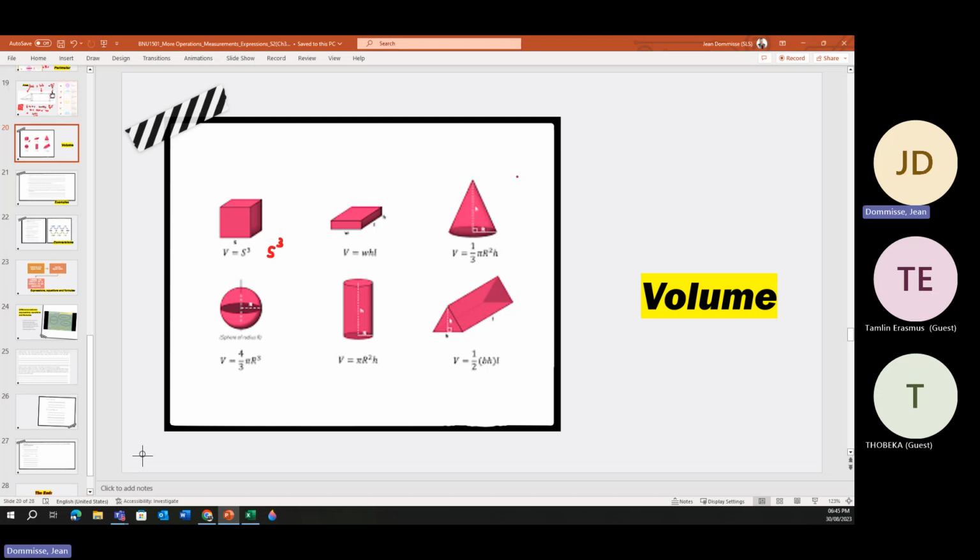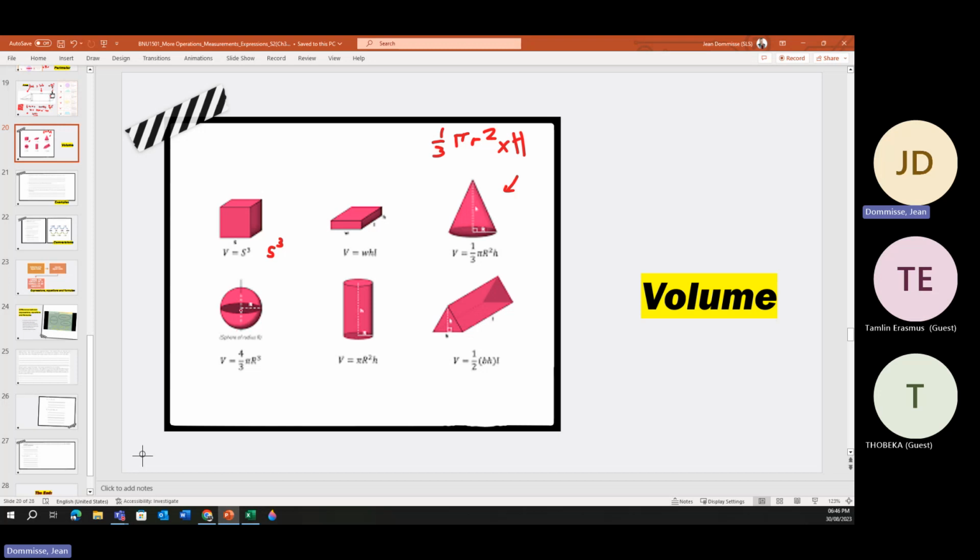If you do look at a sphere, that is how that would look. So the formula for that is a third pi r squared times height. So they need to give you that height in there as well.